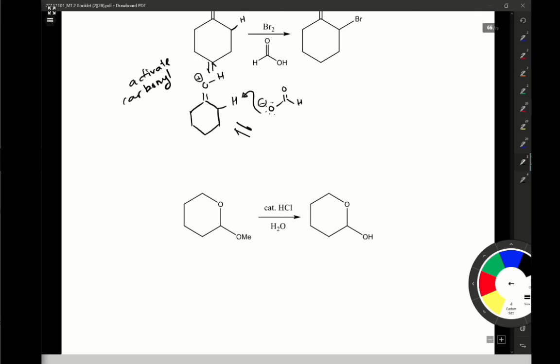All right, so we have a formate. We have that conjugate base. It's going to pull off that slightly acidic alpha proton, the one next to the inductive carbonyl. Great.